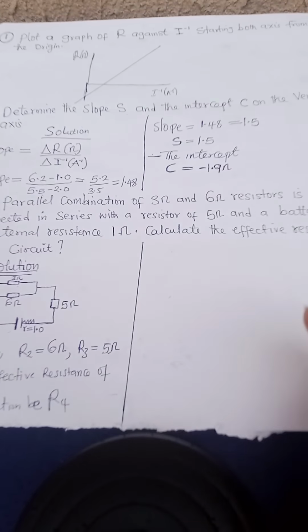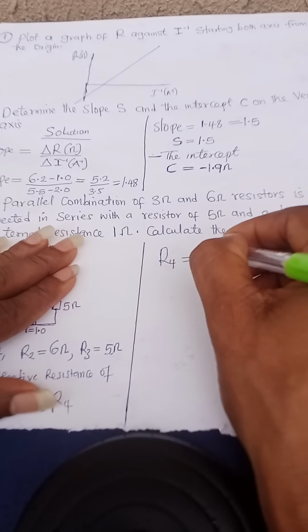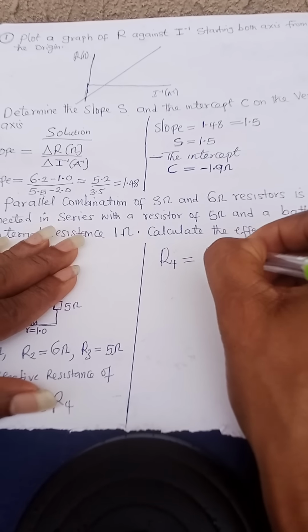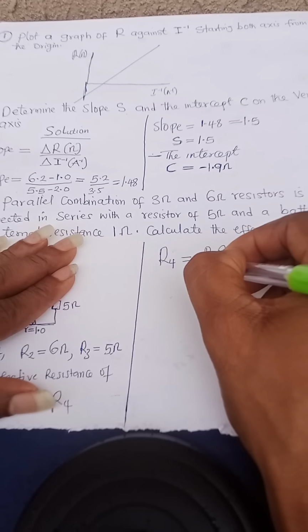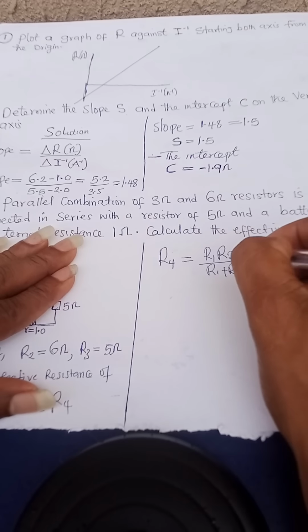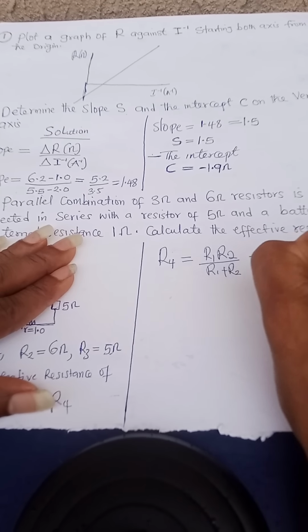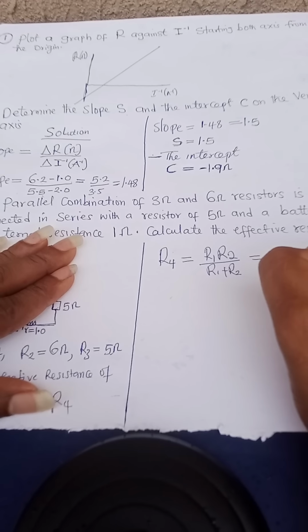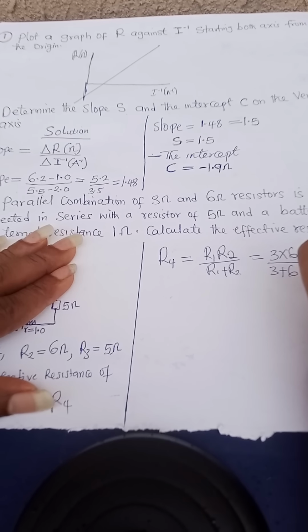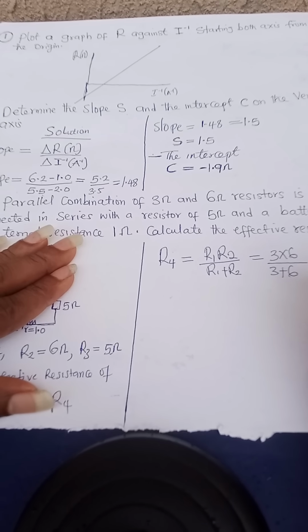Now, this tells me that I will use this formula that my R4 is now equal to R1 multiplied by R2 all over R1 plus R2, which is equal to 3 multiplied by 6 divided by 3 plus 6, which is now equal to 18 divided by 9.